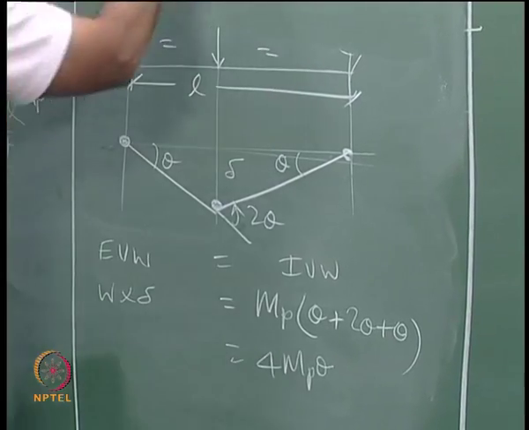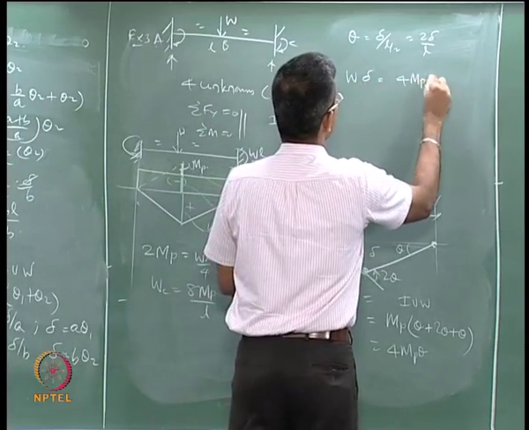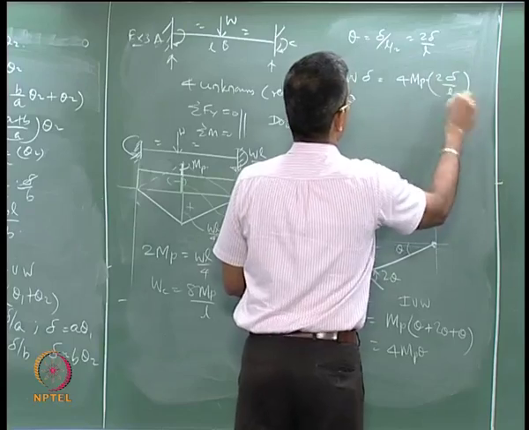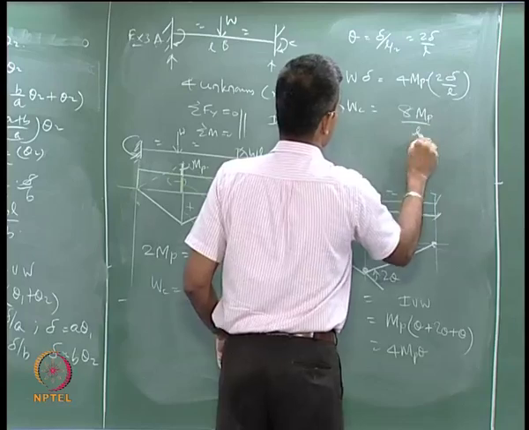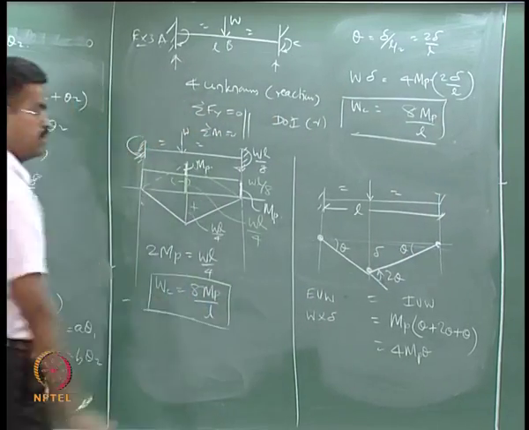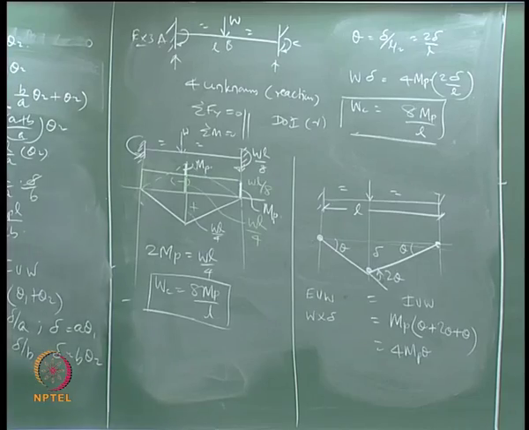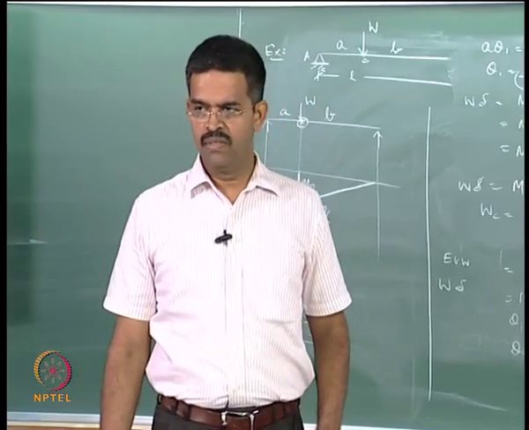So, W into delta is 4 MP times 2 delta by L. So, I should say WC is 8 MP by L, which is the same as what you get here. I can solve these problems by both the theorems, and I will get the same answer.